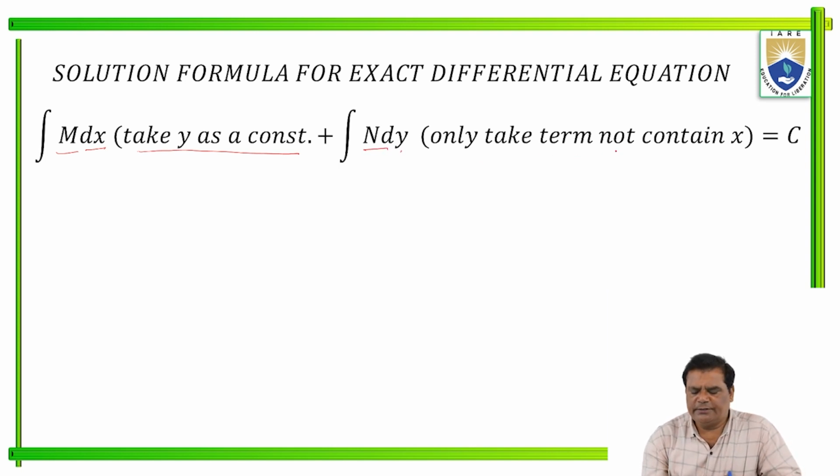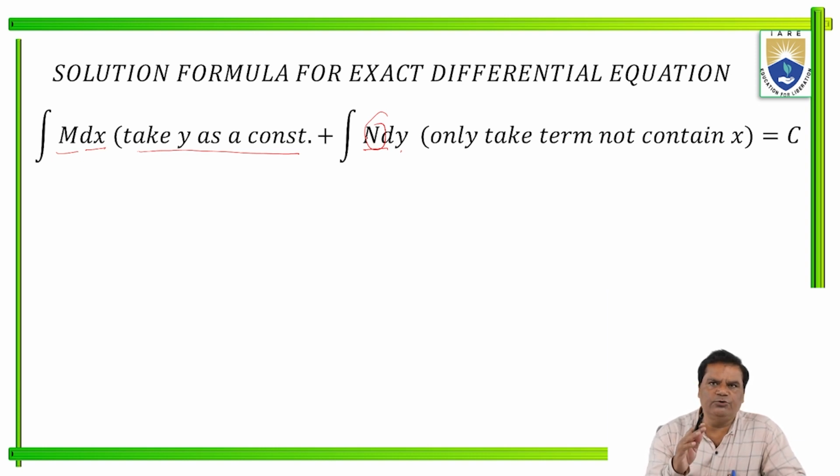Only take the terms not containing x. We are writing in N only those terms which are not containing x. Only y terms we are taking. If x and y are mixed in any term in N, then we do not consider those terms.